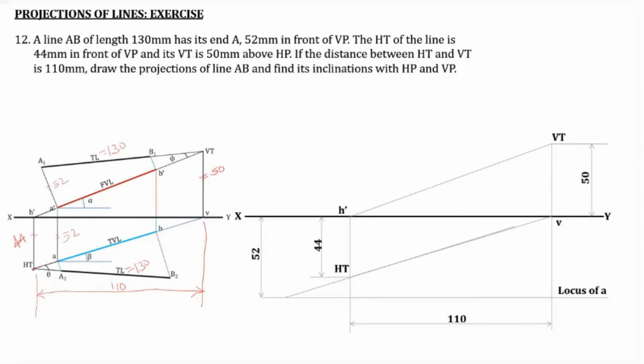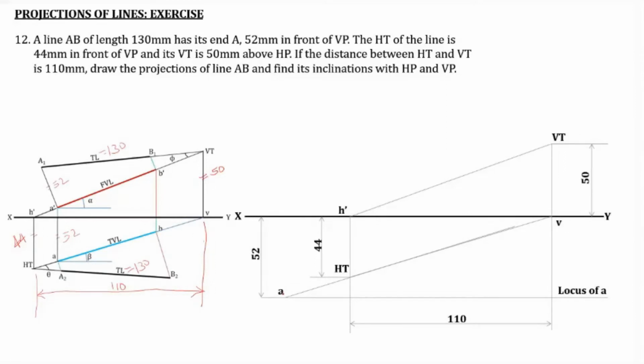But in the given question, our point A is somewhat farther away from our HT. So that is why this is lying below, the locus of A is below our HT. Now this is the point A. Now point A is obtained.